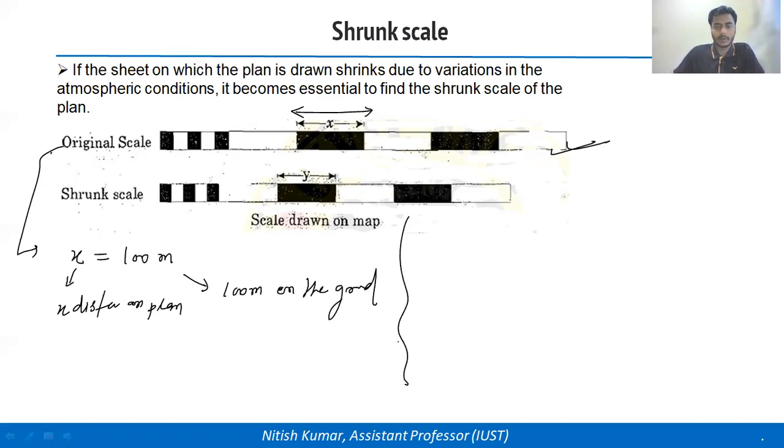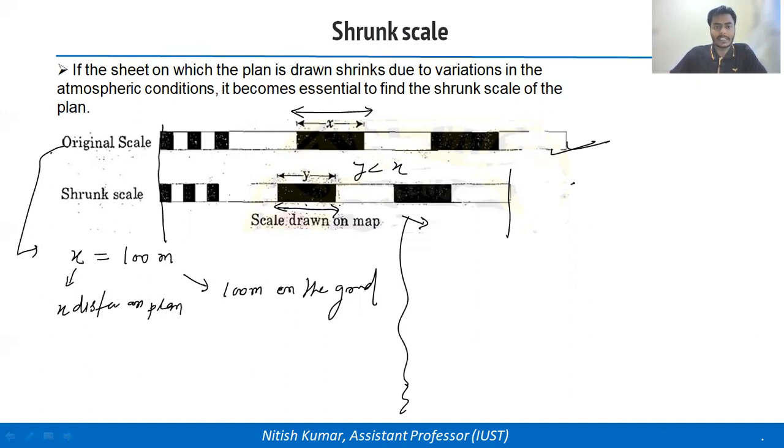But now, due to some factor, that sheet or plan has reduced, has shrunk. So due to shrinkage, now you can see this portion has shrunk, means this length y. So y, you can see, due to shrinkage, y is less than x.